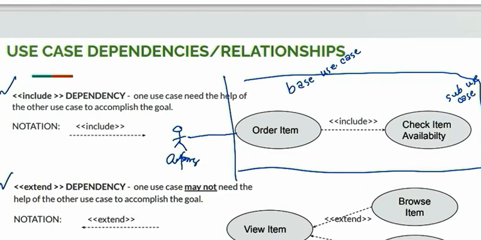So the order item is your main function, and then your sub-function is the check item availability. Now for the system to accomplish the base use case, it is mandatory to execute the sub use case, which is check item availability. Just like what I have mentioned, you cannot order an item unless it is available. So that is why we have to use the include dependency.